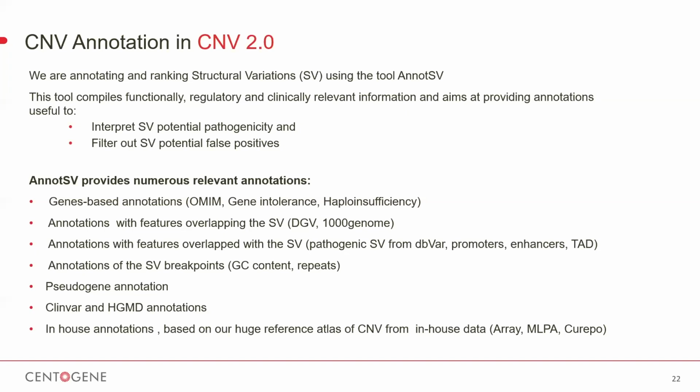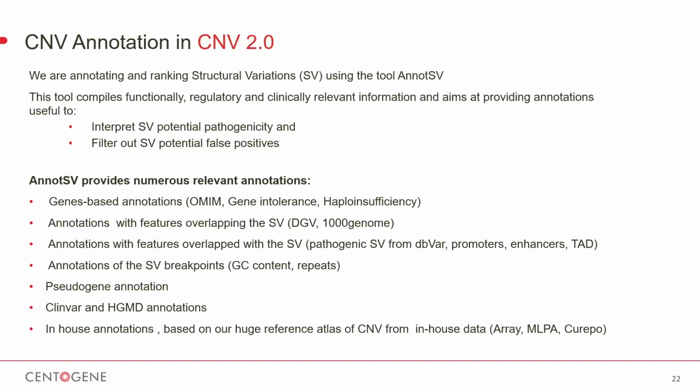We start with gene-based annotations: whether the mutation detected in a gene was previously reported in OMIM, and whether this gene is intolerant to mutations, like neurodevelopmental genes with early onset and severe presentations, or haploinsufficiency with autosomal dominant disorders. Also, whether this copy number variant has been previously published in the Database of Genomic Variants, in the Database of Structural Variants, DECIPHER, and also how to annotate and detect the breakpoints.